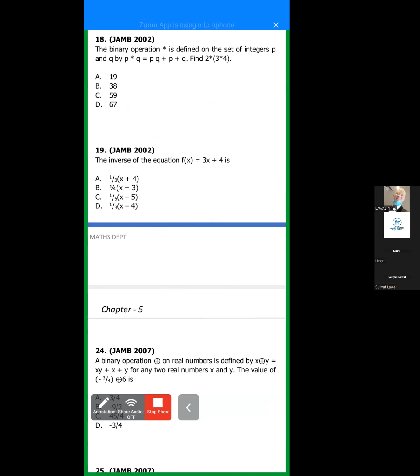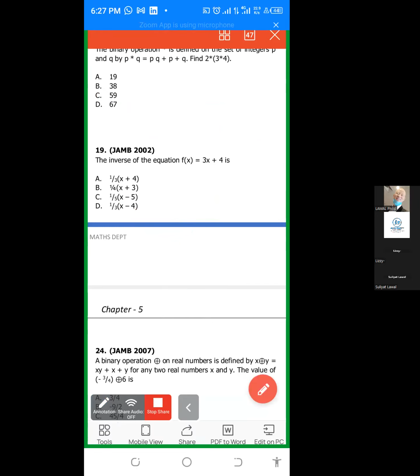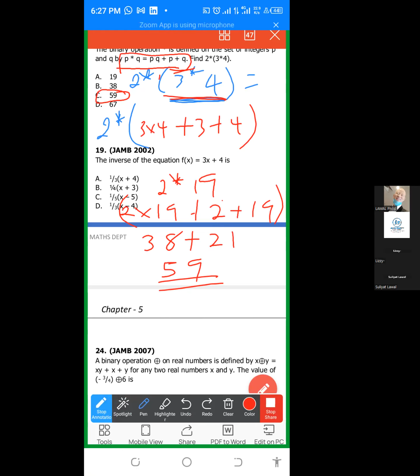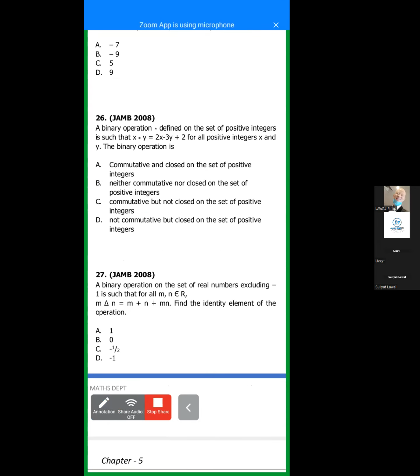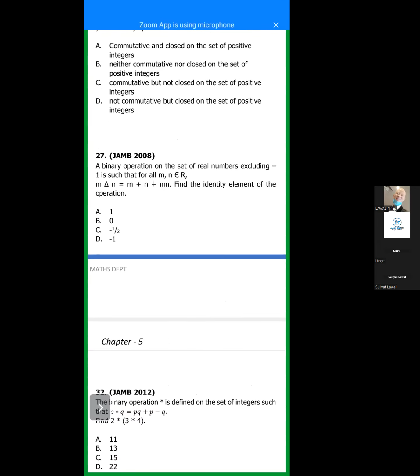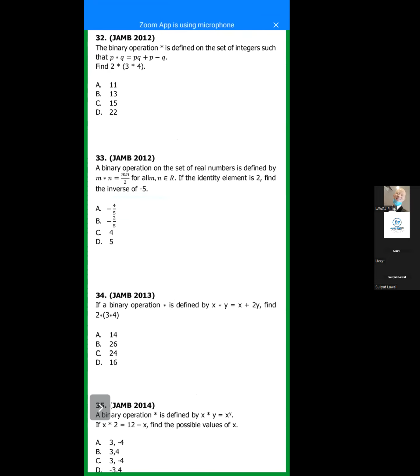I want to quickly check. Do we still have, okay, I think we have some minutes. So as much as possible, we should be able to do that. Can I move to the next question? Or maybe I should skip to some more recent question. Let me see if I have some. I have 2007, 2008, 2012 is here.